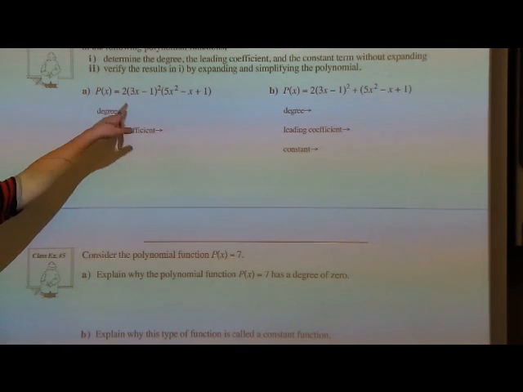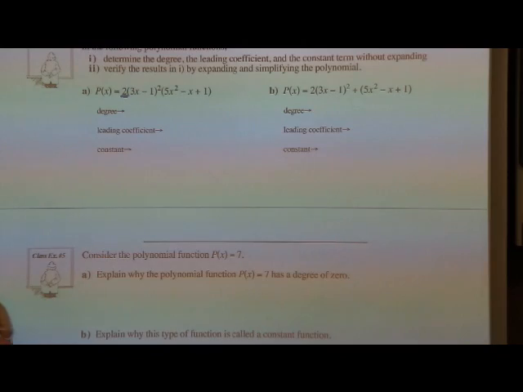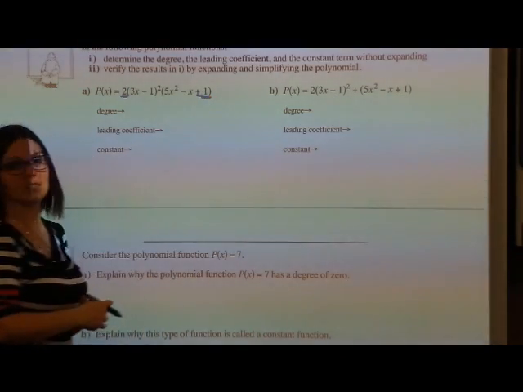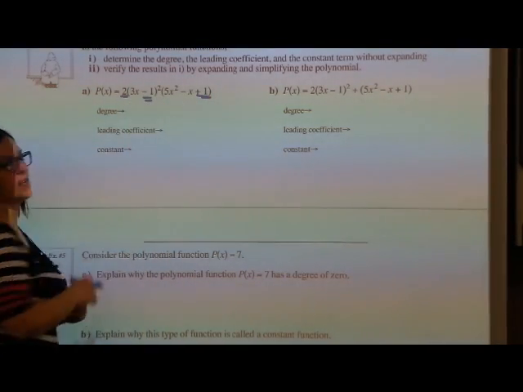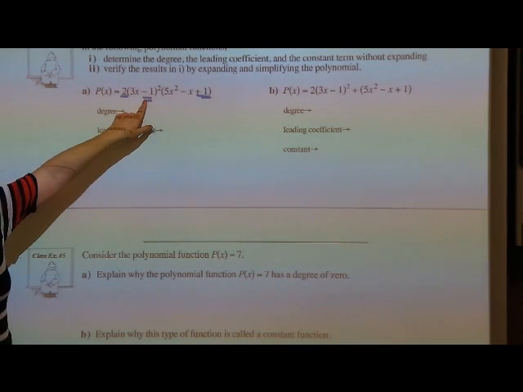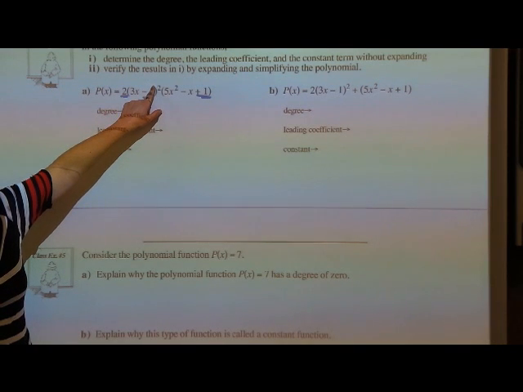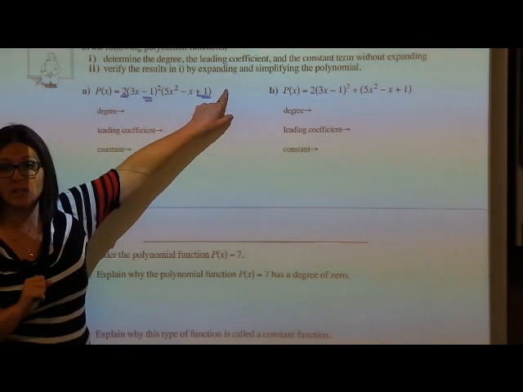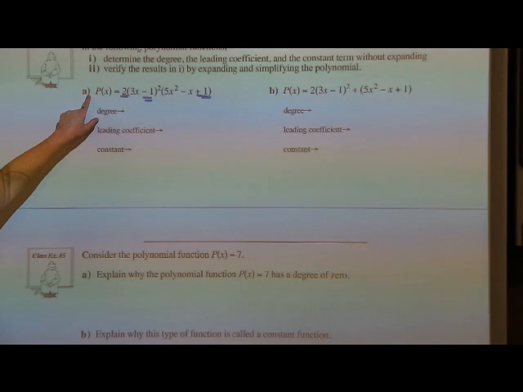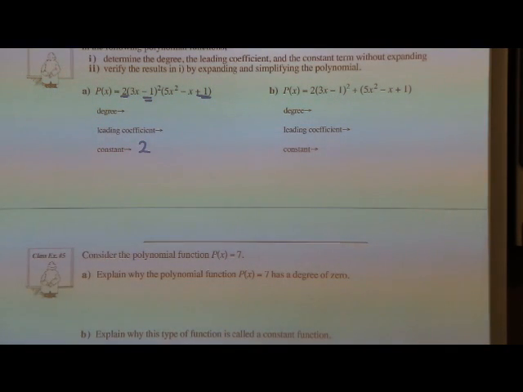So if I look at this equation, 2 is a constant, 1 is a constant, and this -1 is a constant. But when I go to multiply them together, what do I have to do to the -1? Square it. So -1 squared is 1, times 1 is 1, times 2 is 2. So my constant term should be 2.